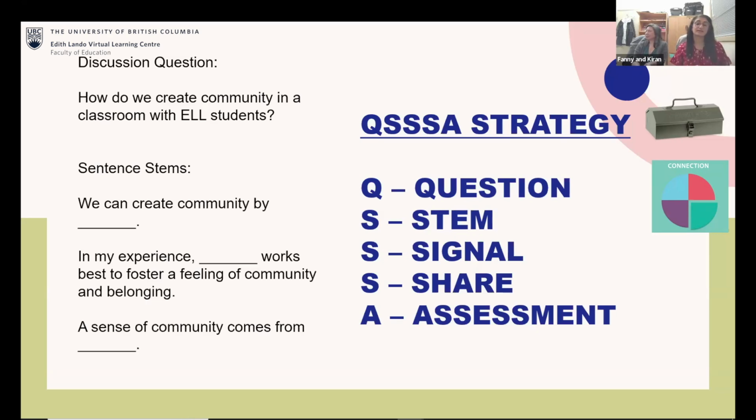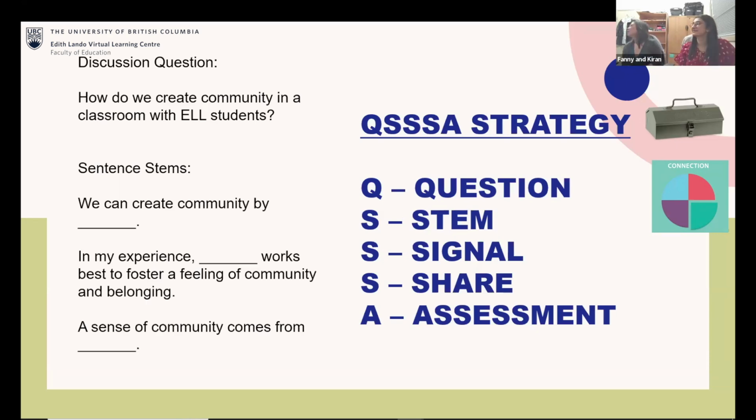Or a sense of community comes from blank. And just because we're virtual, we're not going to ask for a signal today. We're just going to ask if you would feel comfortable, once you have a sentence stem completed, to just type it in the chat, and then we can share out and read out what participants write down. So if you could take a couple of minutes and choose one of the sentence stems, complete the sentence, and put that in the chat for us.